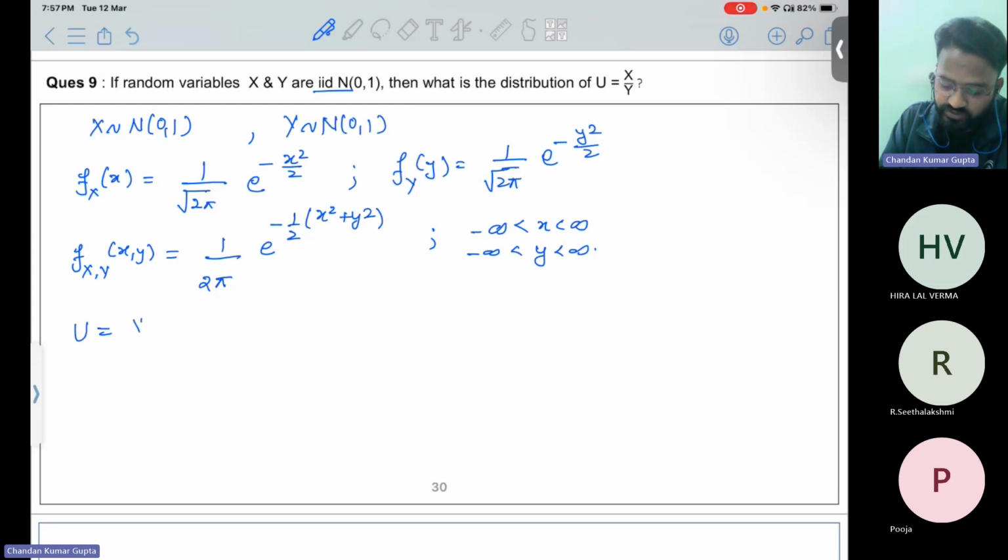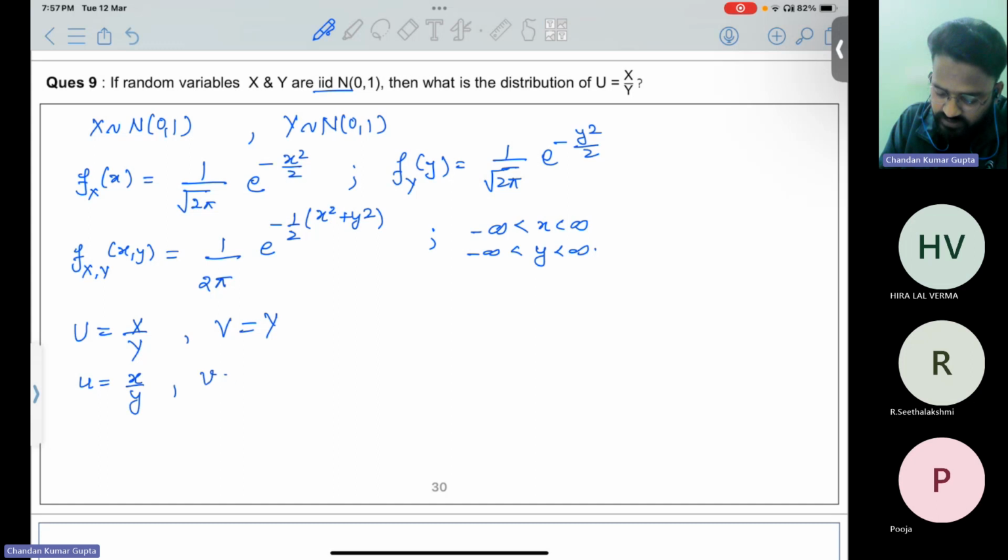Now we have a transformation equation. Let u equal to x by y, and again v equal to y. So small u equal to small x upon small y, v equal to y. From here, y equal to v, and x equal to uv.